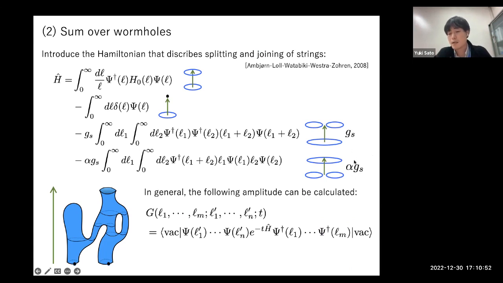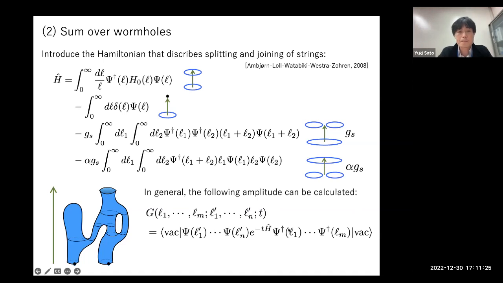And this parameter alpha is introduced to count the number of the genus, but it is not that important. Okay, so based on this full Hamiltonian, in principle, we can compute the following amplitude: starting with M loops that propagate in time and end up with N loops. So graphically it is like this picture.